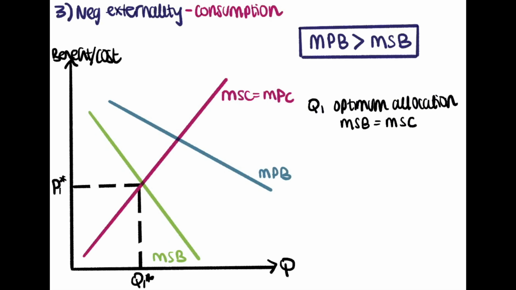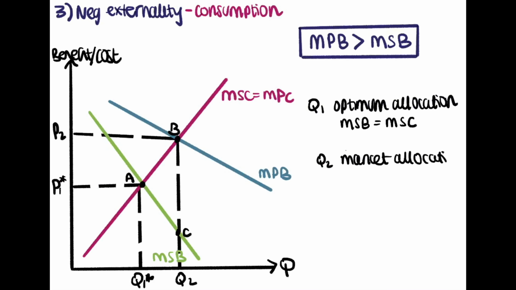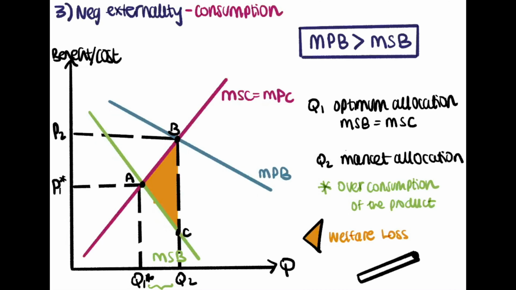But the market allocation is at point Q2, where marginal private benefit is equal to marginal private cost. There is an overconsumption, and this generates a welfare loss to society, which is represented by the triangle. An example of negative externality in consumption would be passive smoking.